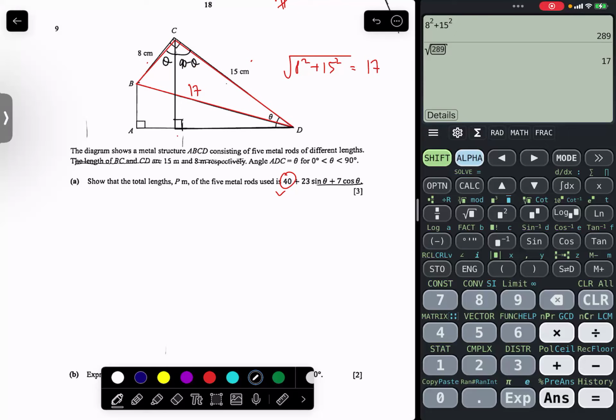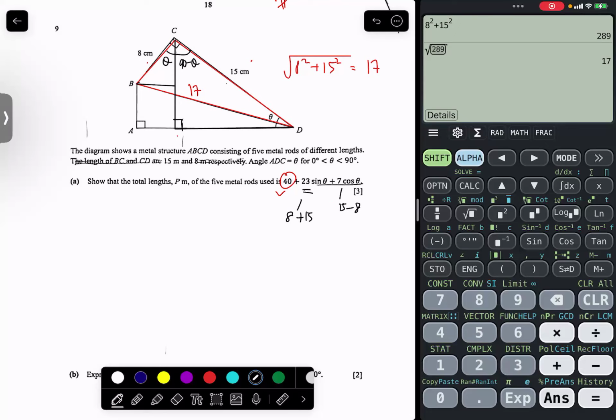Also, 23 is actually 8 plus 15, and 7 is actually 15 minus 8. That gives you a clue of what to do.